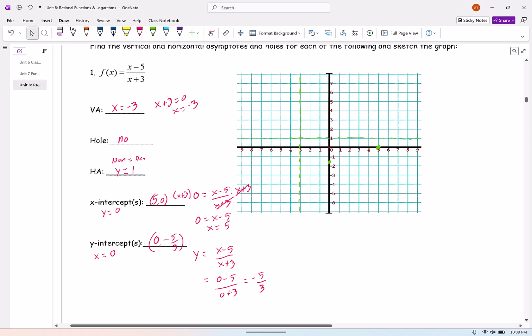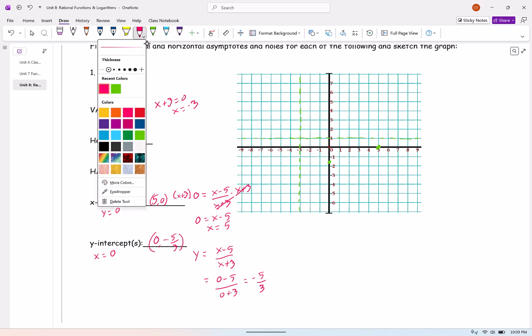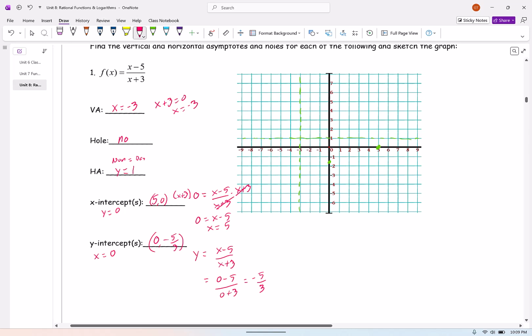To draw this bottom part, if I got those, I'm going to end up curving. I'll use a different color, a little thicker. It'll be something along the lines of that.